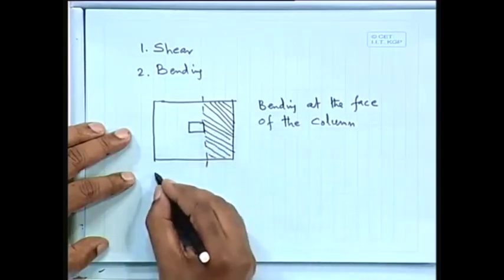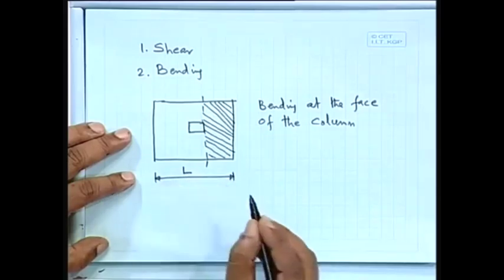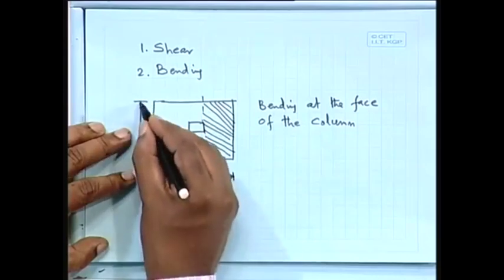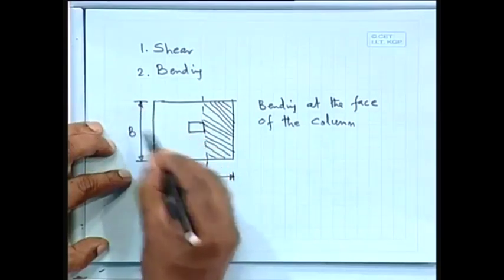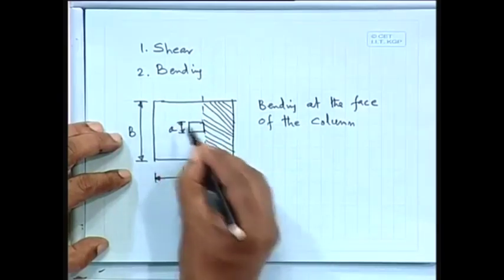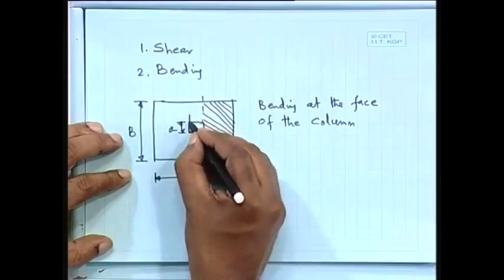That means if this is your length L, this is your B, and A is the column, and let us take this as square.